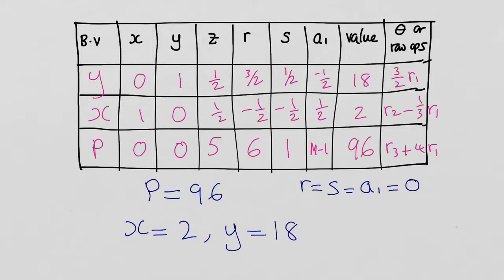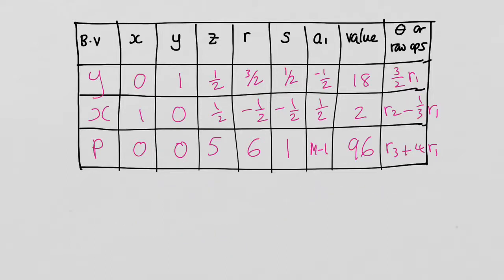And let's write our objective row out as well. Maybe I'll write it a bit smaller over here actually. So X equals 2, Y equals 18, R equals 0, S equals 0, A1 equals 0, and P equals 96.